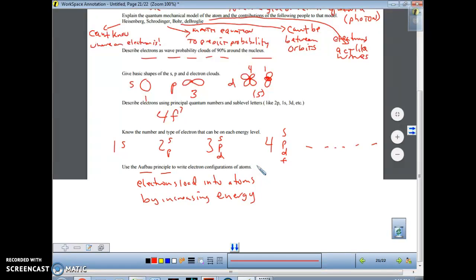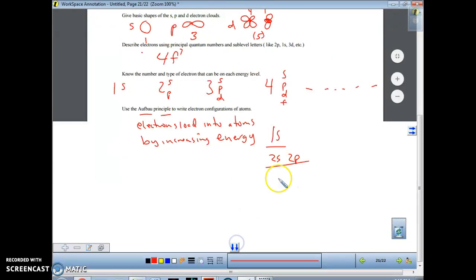Where's the first place that an atom puts an electron that's out of order? In level 3, what happens? It goes 1s, and we're done. Then it goes 2s, then 2p, we're done. Then it goes 3s, 3p. Now 3d is supposed to come next, but what happens? 4s comes, and then we go back to 3d. Then we go to 4p.